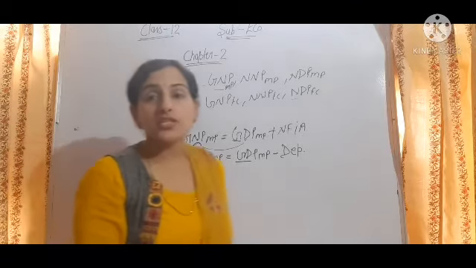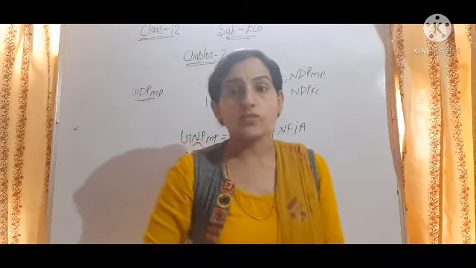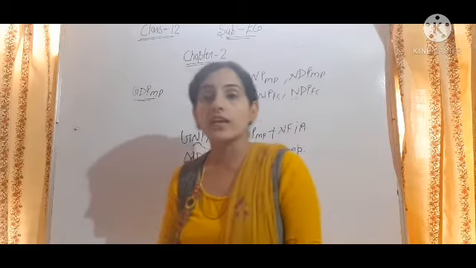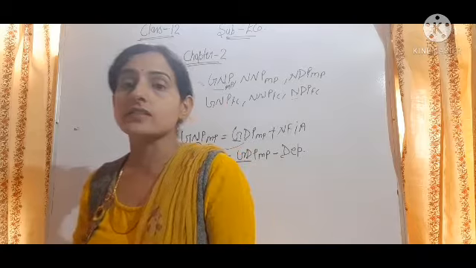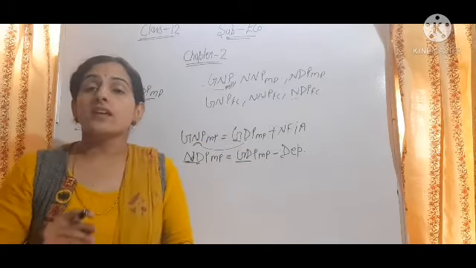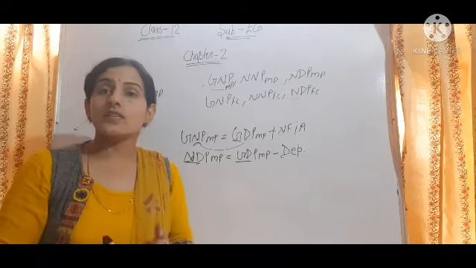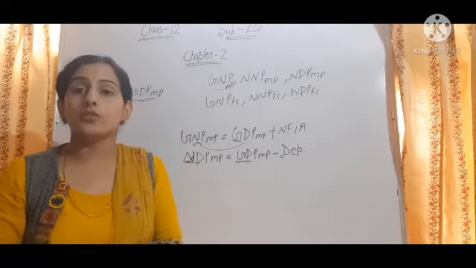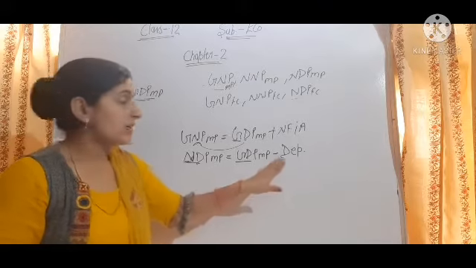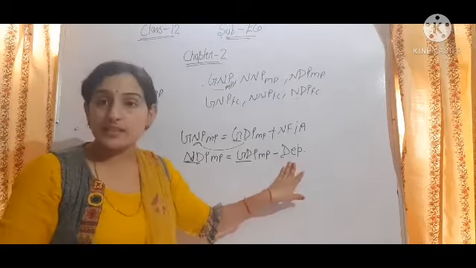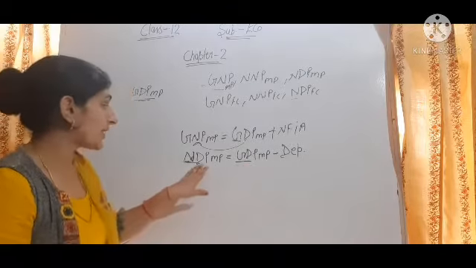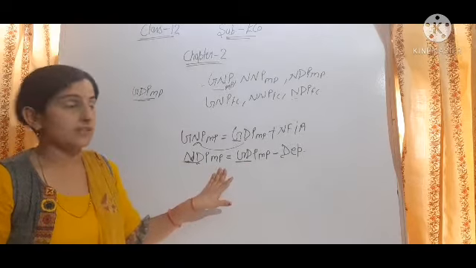So depreciation will be excluded. What is depreciation? Depreciation is the normal wear and tear of fixed assets. कि कुछ भी नेचुरल क्लाइमेटिस की वजह से या मशीनरी का कंटिन्यूसली यूज करने की वजह से जो भी टूट फूट आ जाती है, दैट इज कॉल्ड डेप्रिसिएशन. So depreciation will be excluded from GDP at market price. So that will become NDP at market price.